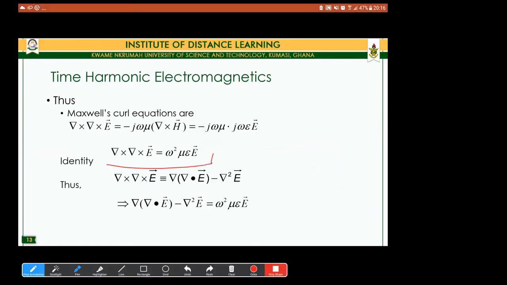So this is what we saw: curl of curl E equals omega squared mu epsilon E. But for this curl of curl E, there's an identity.